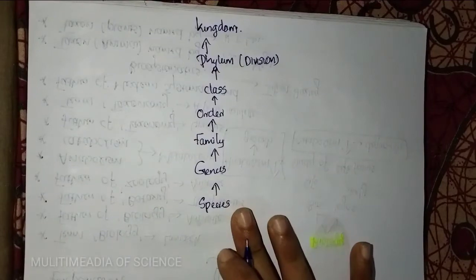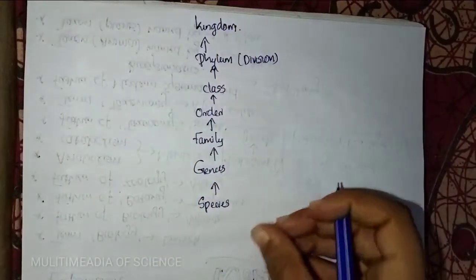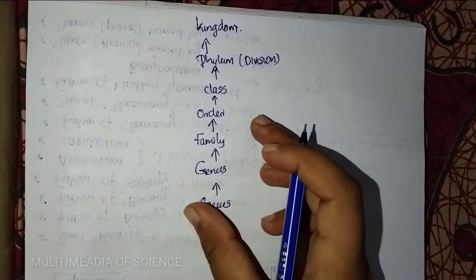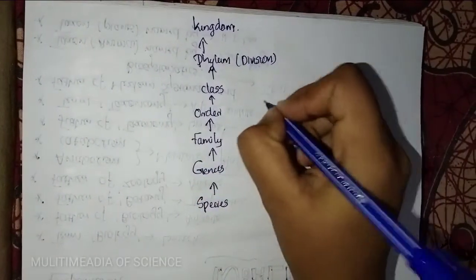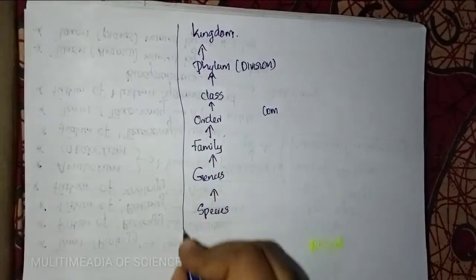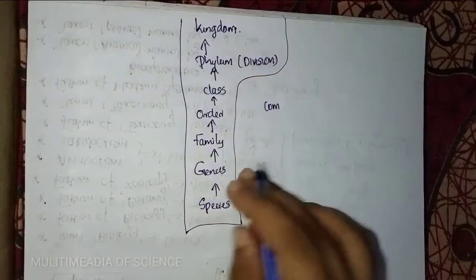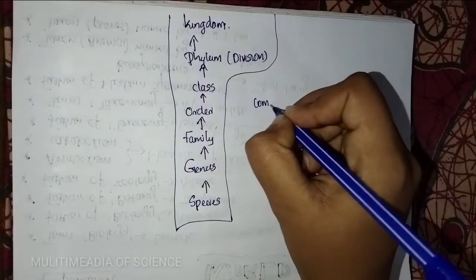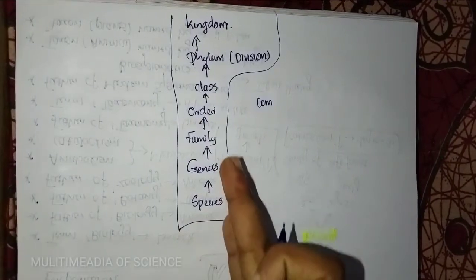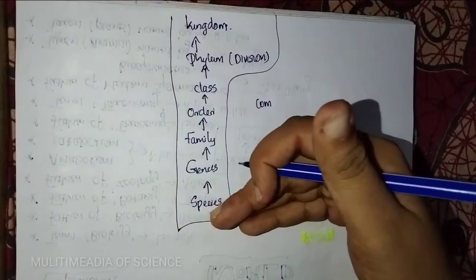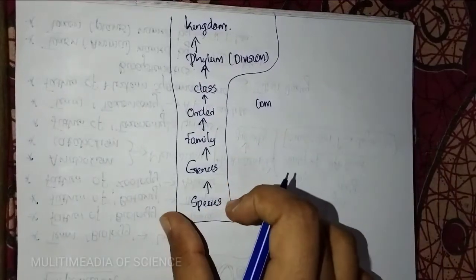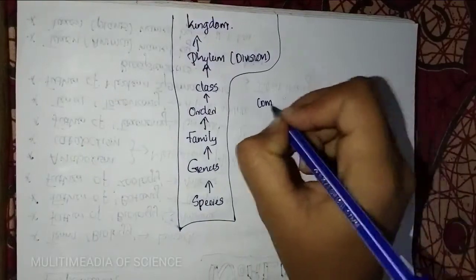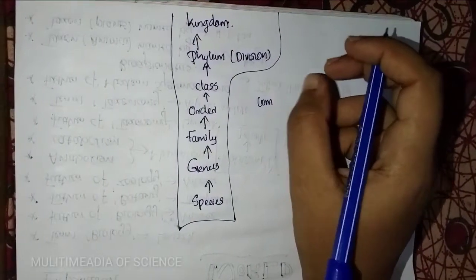If you move from species to the higher level, the common characters decrease. Okay, so it is important. This should be memorized. It is very important for the state syllabus and also for NEET. So when moving from the lower level to the higher level, from species level to kingdom, what is happening there? They are contrasting characters.